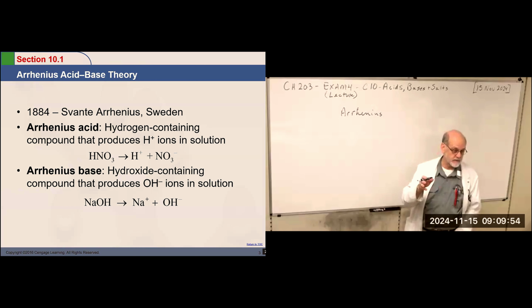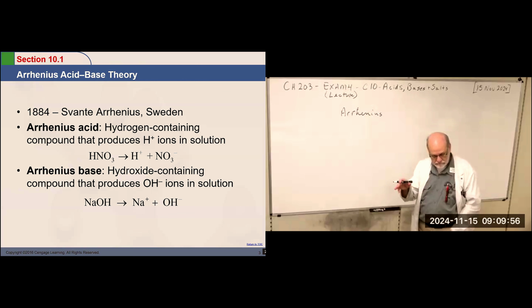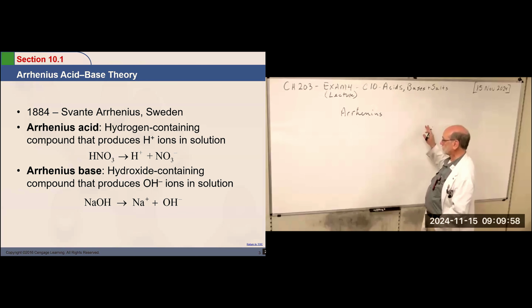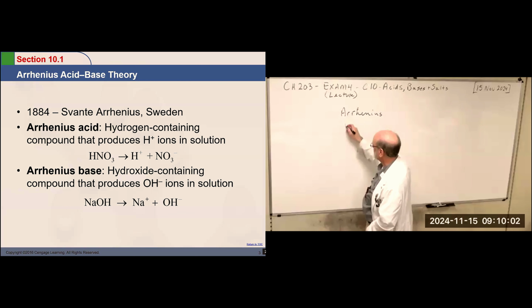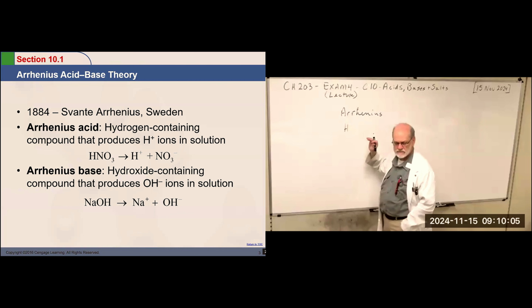And he was working with aqueous solutions. So I'll use a generic acid. It always has, and we've learned this from nomenclature, acids always start with a hydrogen, at least one, maybe two, maybe three, and then the rest of the molecule.